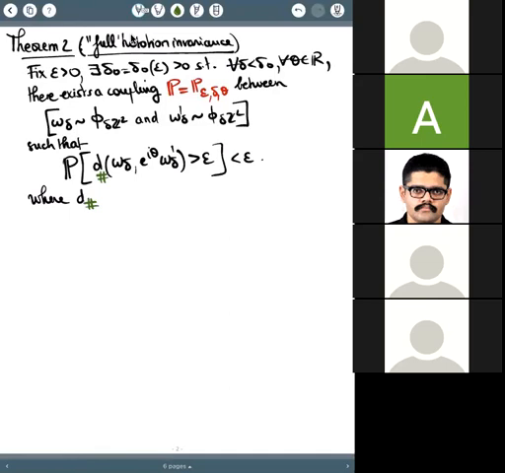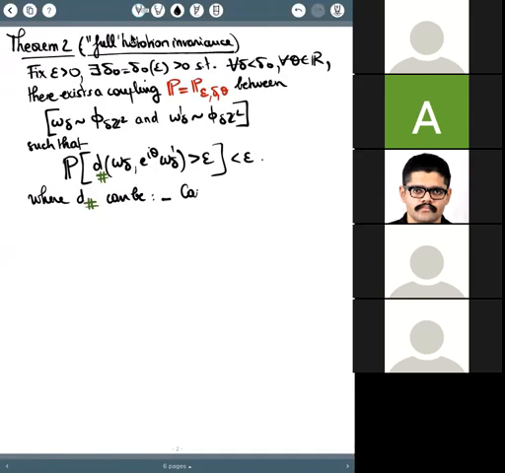And there are two classical distances to measure the distance between two random percolation configurations.